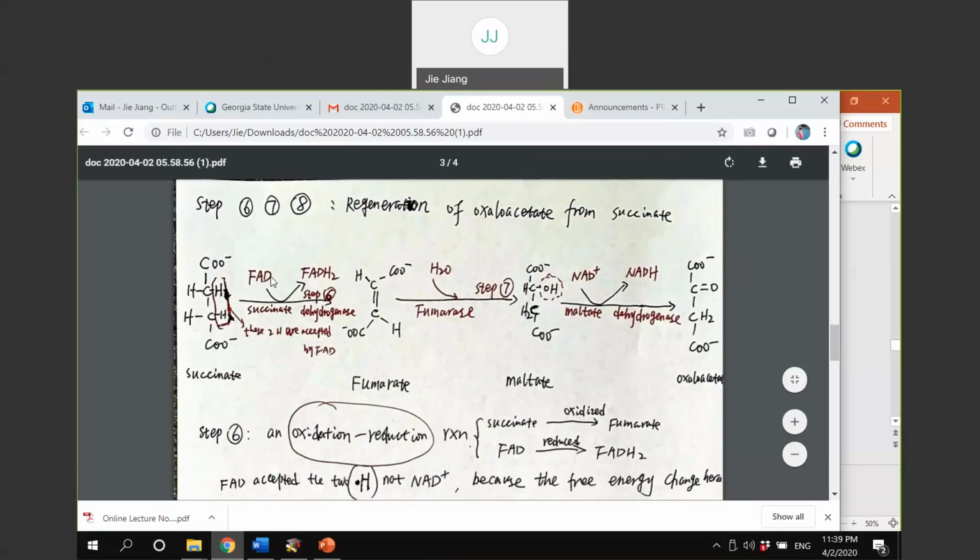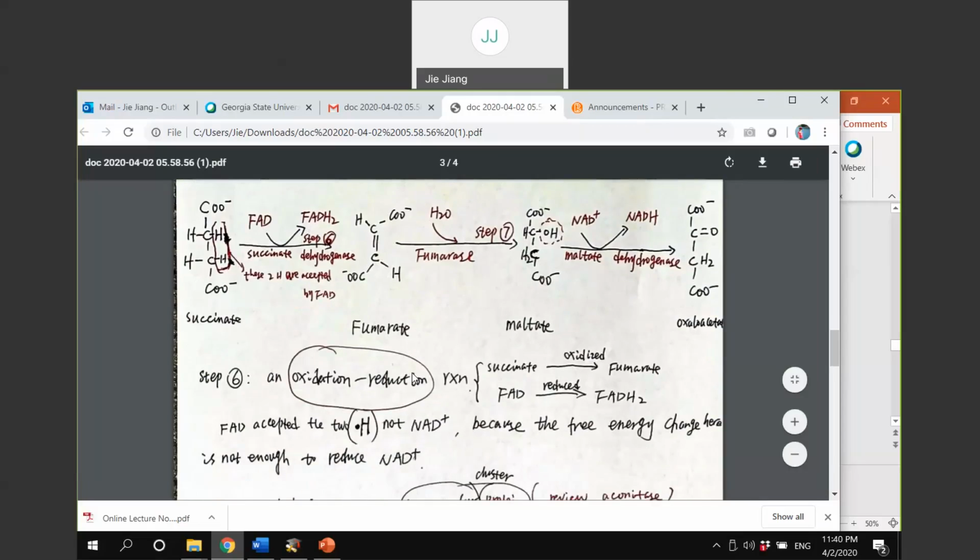The FAD will accept the 2 hydrides to form FADH2. So FAD is reduced, and this succinate will be oxidized, to form this carbon-carbon double bond. That is a fumarate, okay? So succinate is oxidized to be fumarate. FAD is reduced to be FADH2.